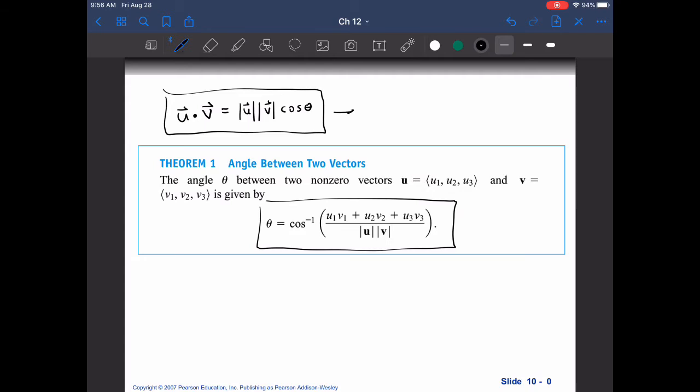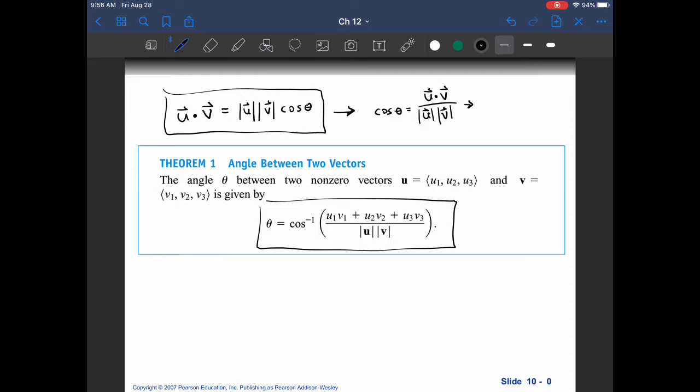But we can do a step here where we can do cosine of theta equals u dot v over the magnitude of u times the magnitude of v. Again, notice this dot product is not the way you multiply scalars together. It's just one of the ways we multiply vectors together.